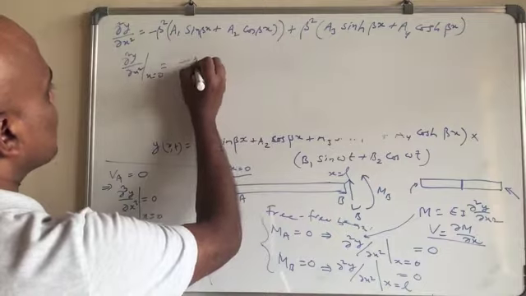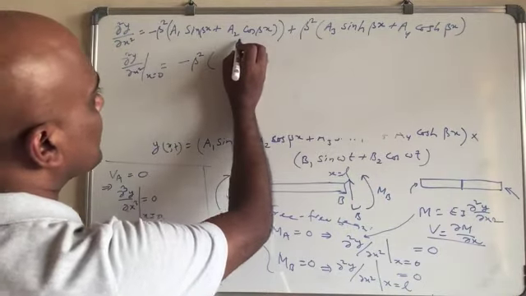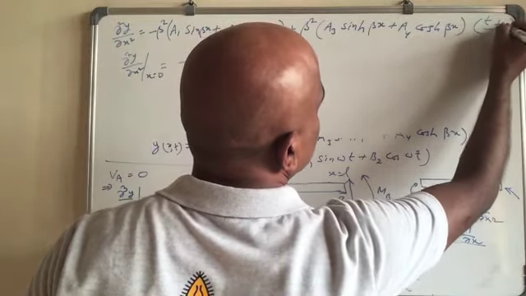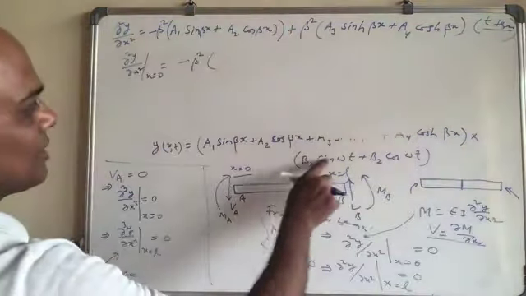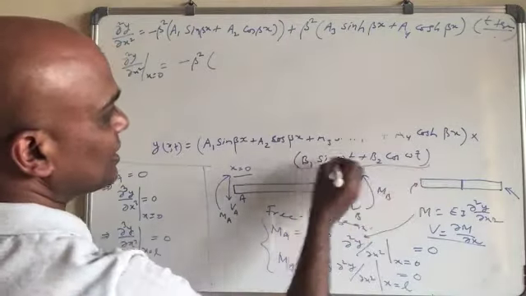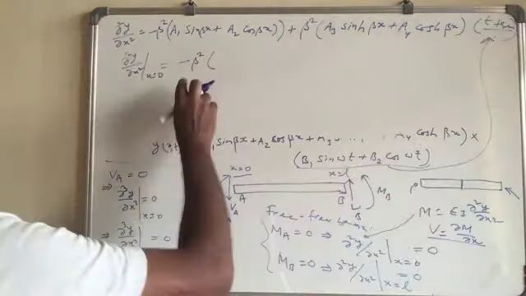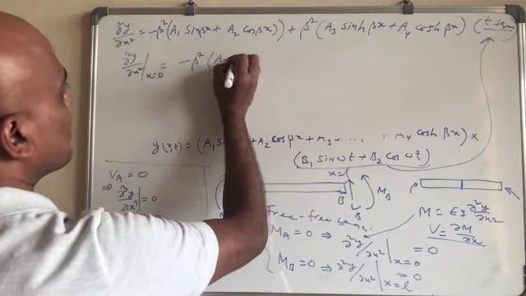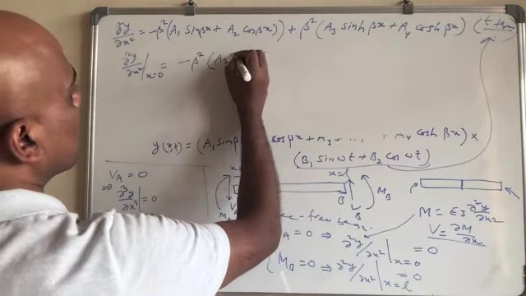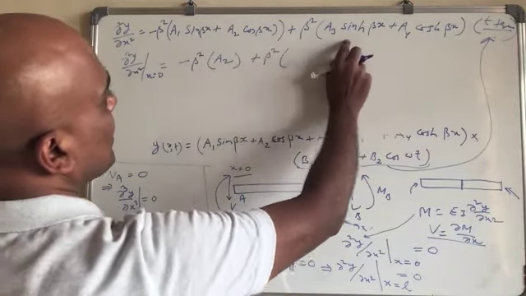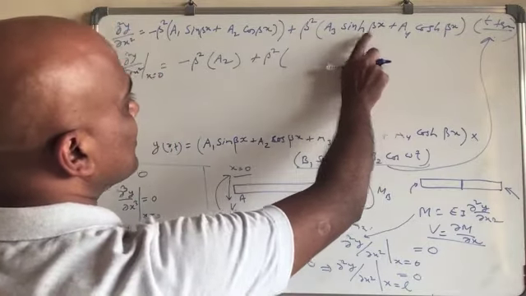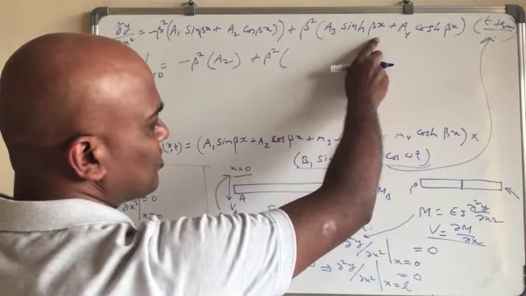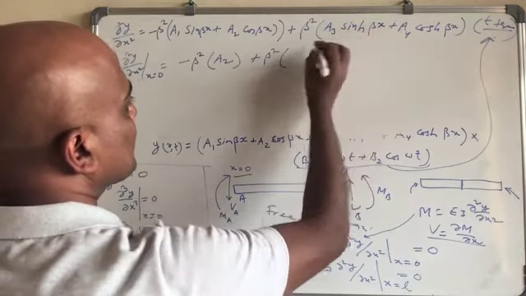We get minus beta square, and the T term is also there, then A2 coming from here, then plus beta square, and we put X equal to 0, then sine hyperbolic becomes 0.